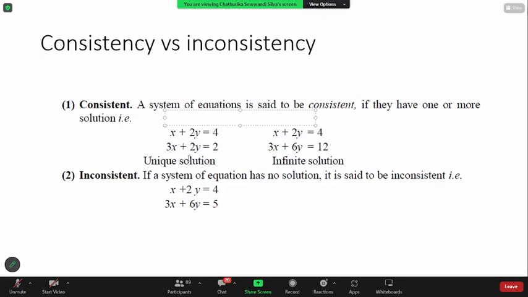Quickly, please solve this. You do not need to use Cramer's rule or anything. Just solve using the traditional method and tell me what is x and what is y.